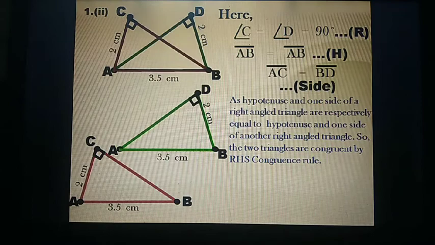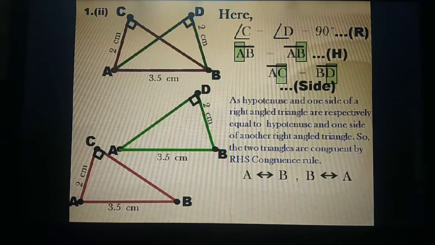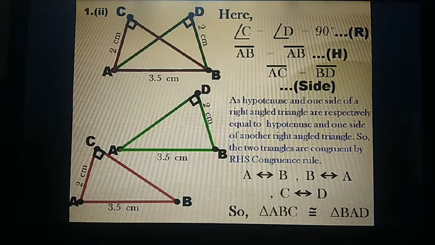Next, we will find the corresponding vertices. C is equal to D. So you are left with the side pair for A and B. First you will relate A, then B, then C. So A corresponds to B. Because A corresponds to B, in the hypotenuse set you are left with B and A, so B will correspond to A. Next, C corresponds to D. So we can write the symbolic form as triangle ABC congruent to triangle BAD.